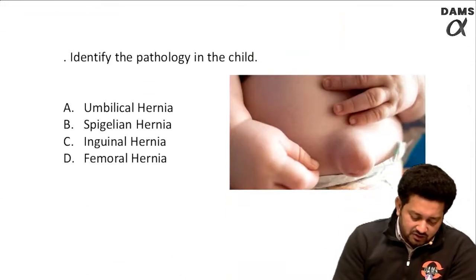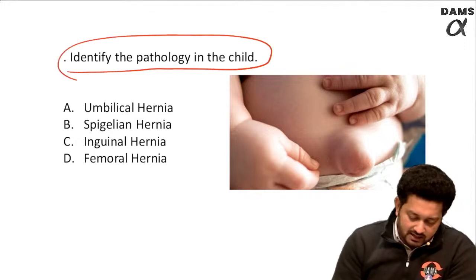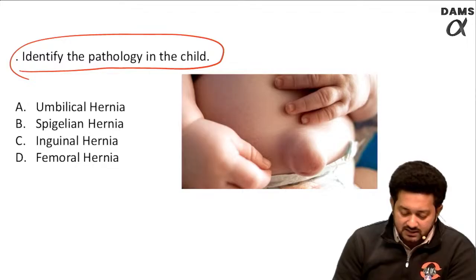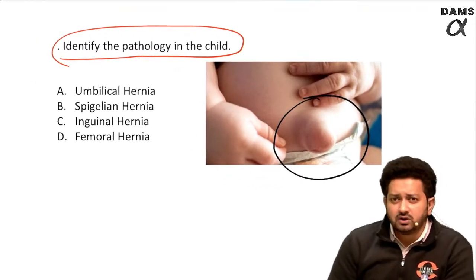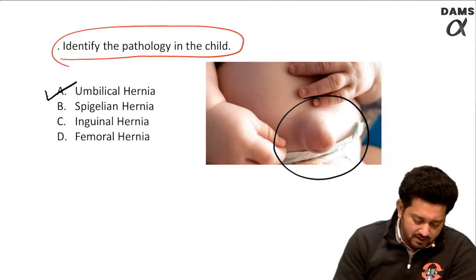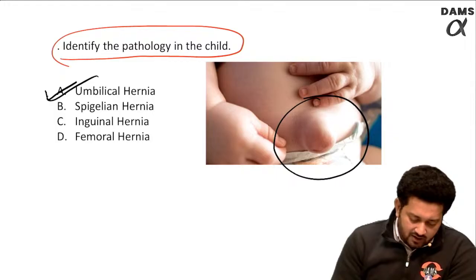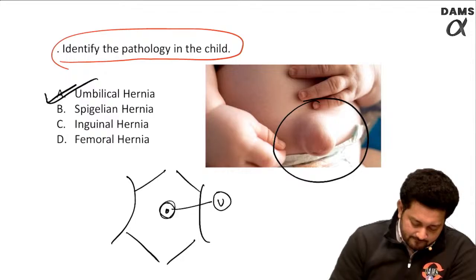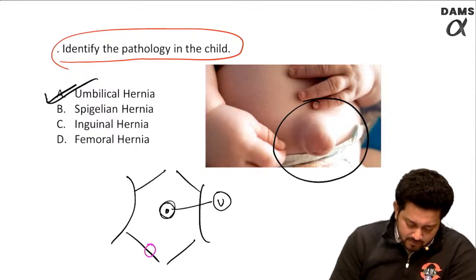Next question was again image based, and they had asked to identify the pathology. There was a swelling arising at the umbilicus, and I don't think anybody made a mistake in this. This is a very classical umbilical hernia. When we talk about hernias, this is the area where you will see the umbilical hernia, and this is where you will see the inguinal hernia.